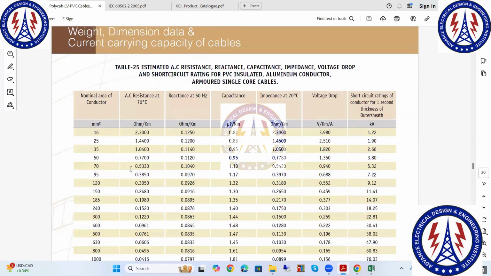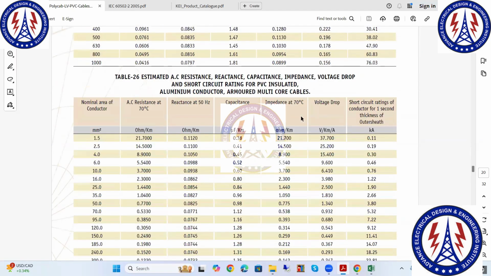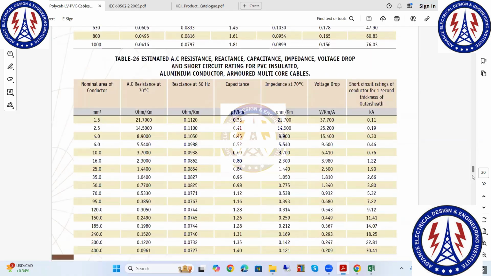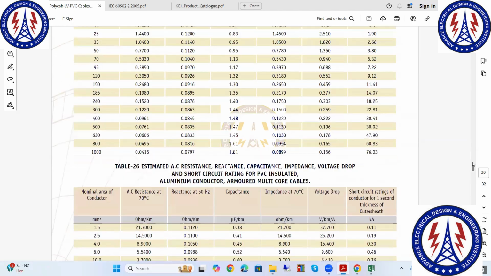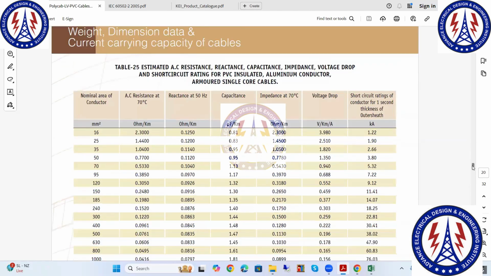So my cable cross section was 70 square mm for the single core, and it's a multi-core or aluminum. Next page is copper. Armored, aluminum.